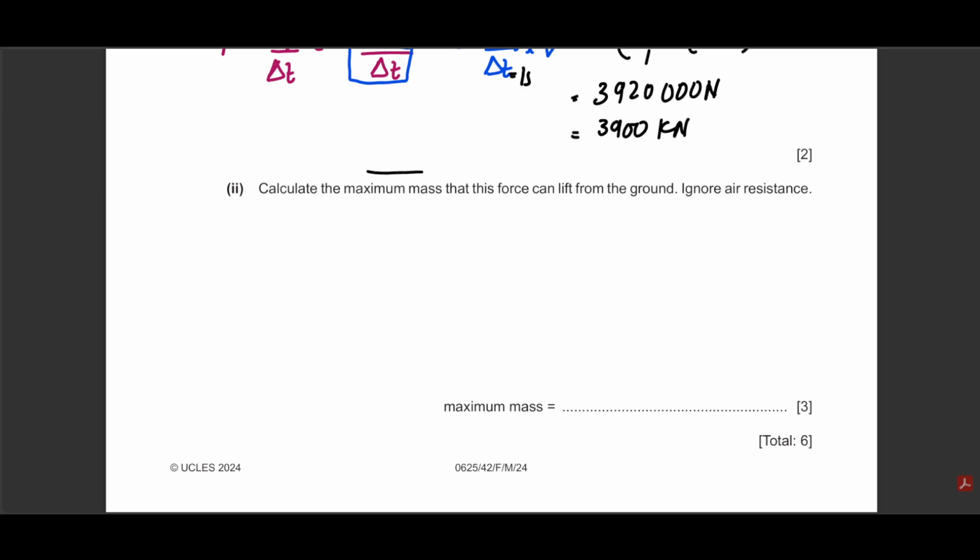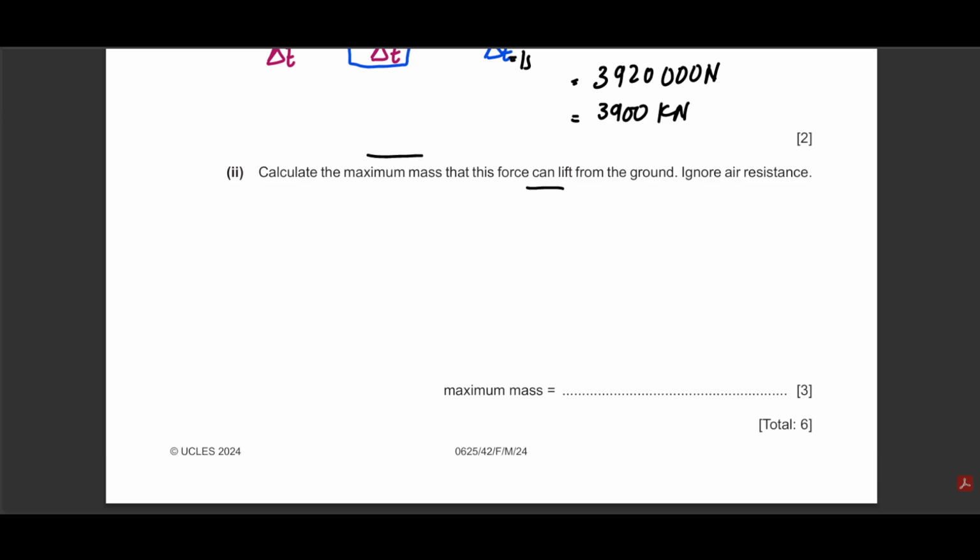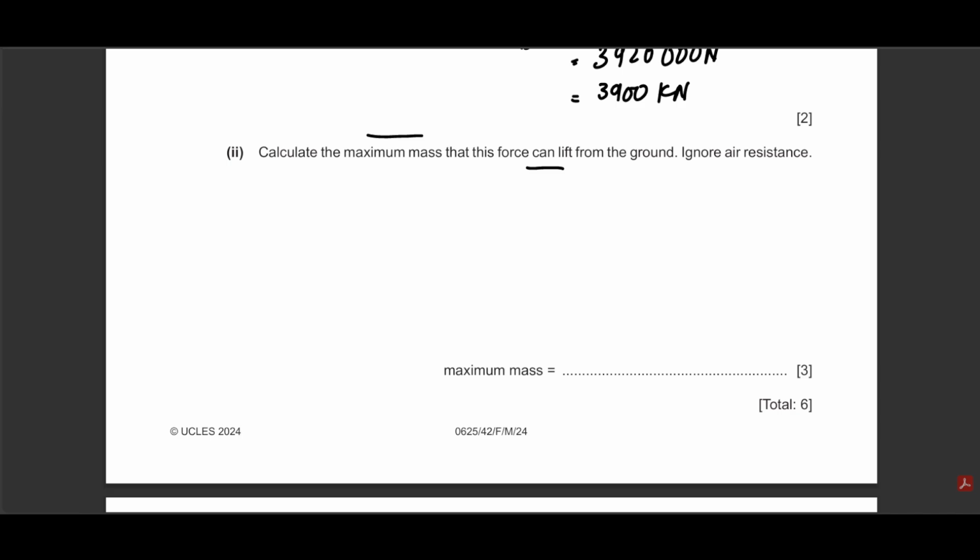It says calculate the maximum mass this force can lift from the ground. The maximum mass this force can lift should be more than, of course, the mass of the system, but let's see how much this force can do for us. Since we're going against gravity, the force should be equal to or greater than mg. So force is 3.92 into 10 raised to power 6.